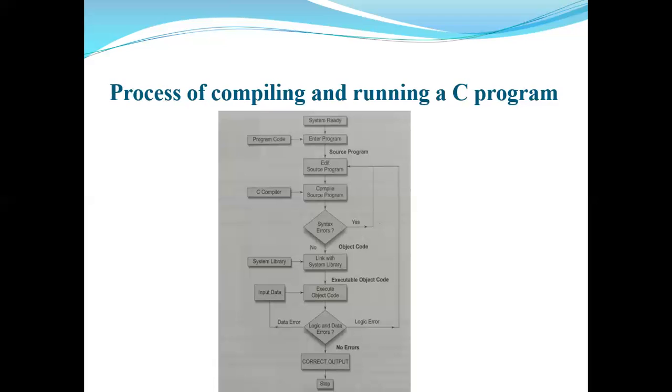An algorithm is one more important way of expressing a program before writing the actual program. An algorithm is a step-by-step process of writing the program. It's not a direct solution, it's a procedural solution. A flowchart is a pictorial representation. Look at the flowchart: arrows are used, rectangular shapes are used, a rhombus is used.